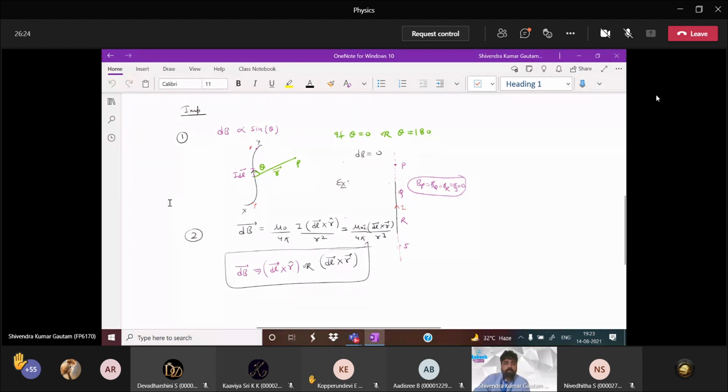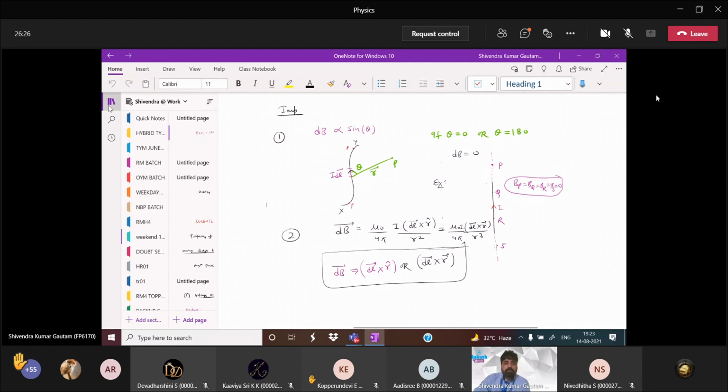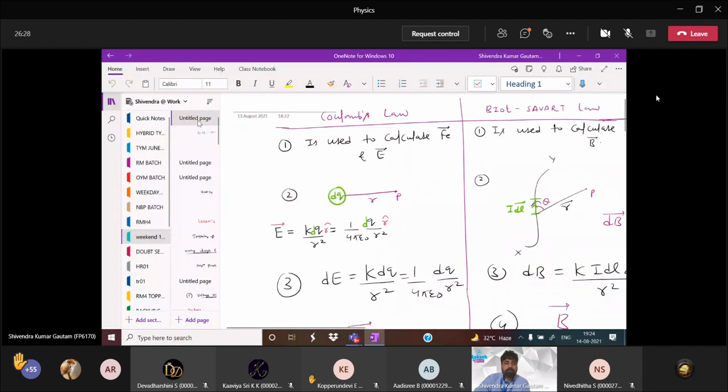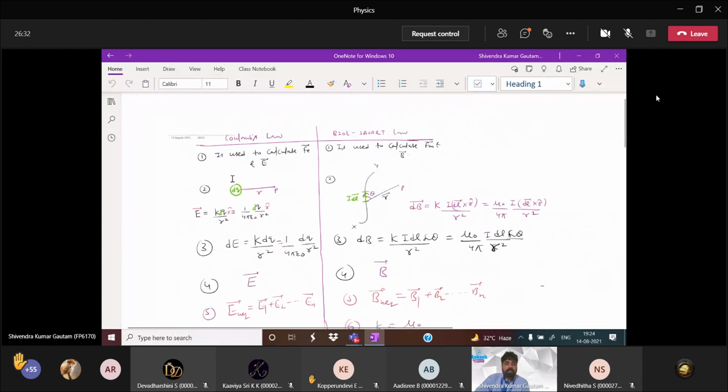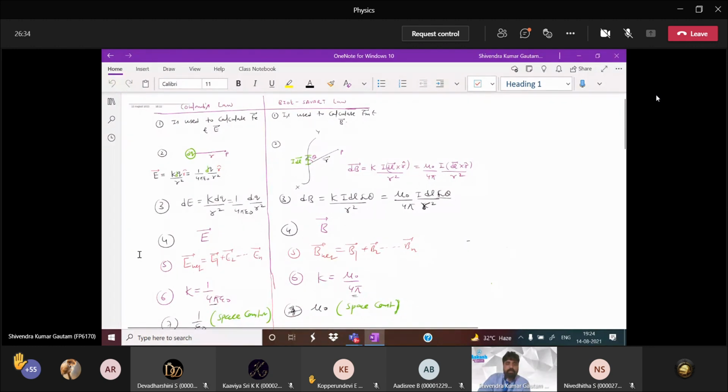After this, I discussed the analogy between Coulomb's law and the Biot-Savart law. This you can take a screenshot.